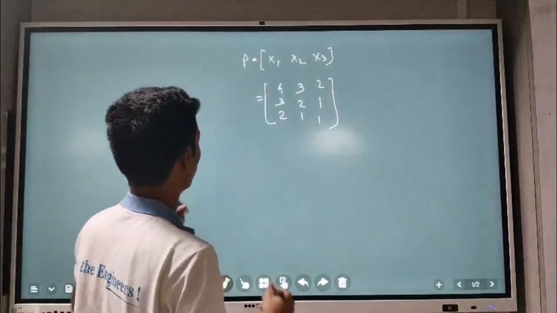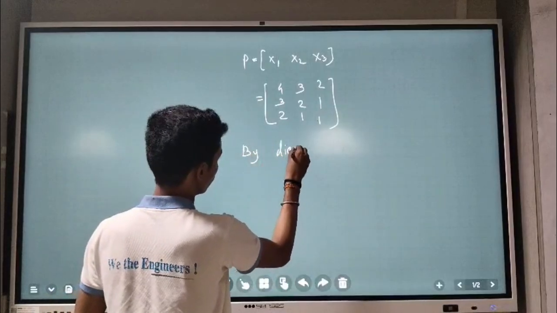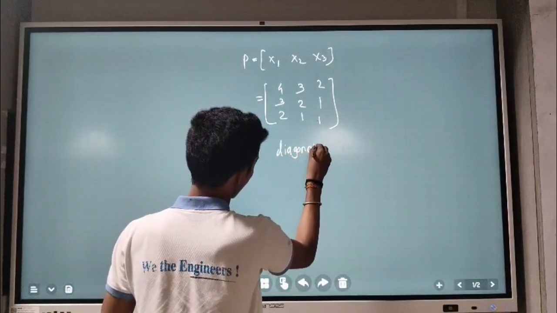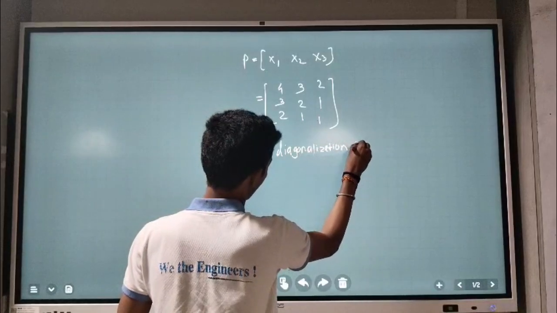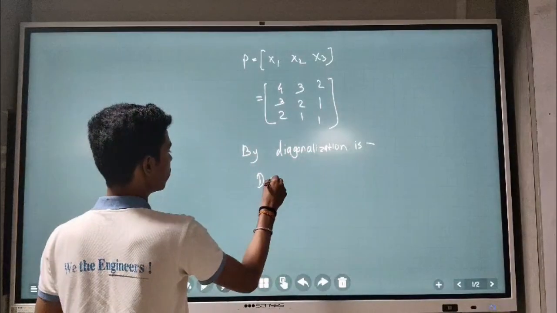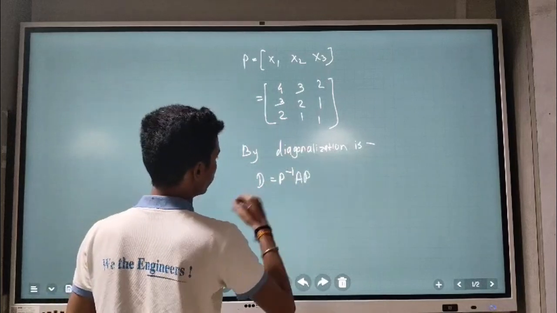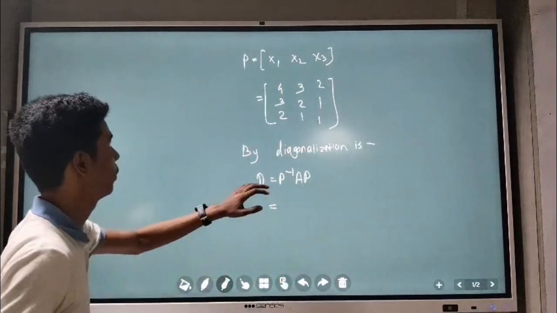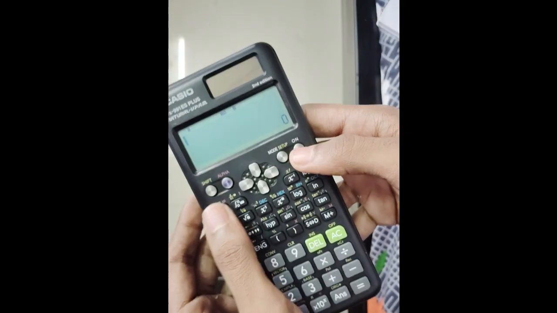Now we have the formula for diagonalization: D equals P inverse A P. So we find the P inverse. We have P inverse, so let us calculate.